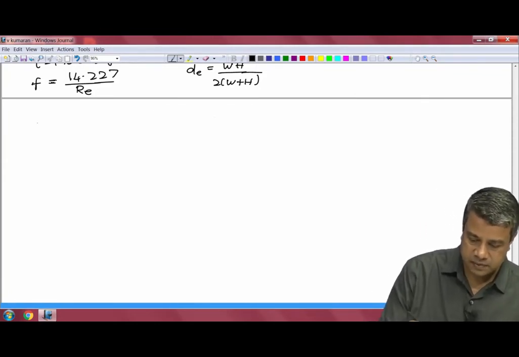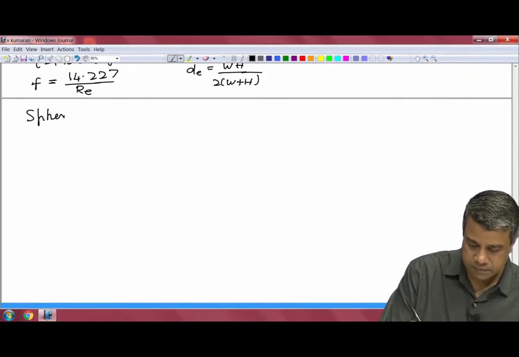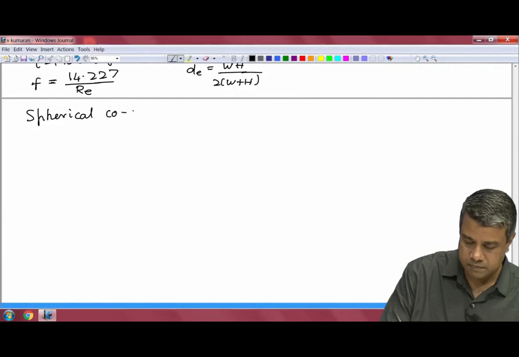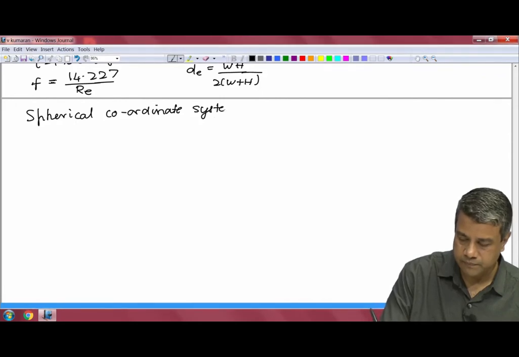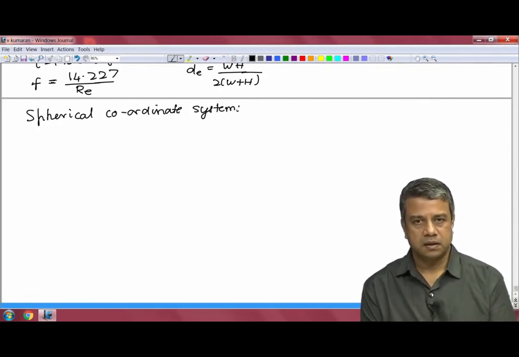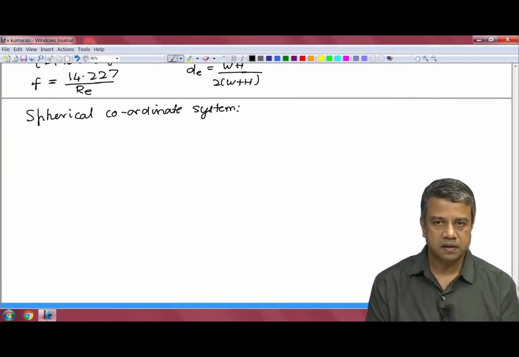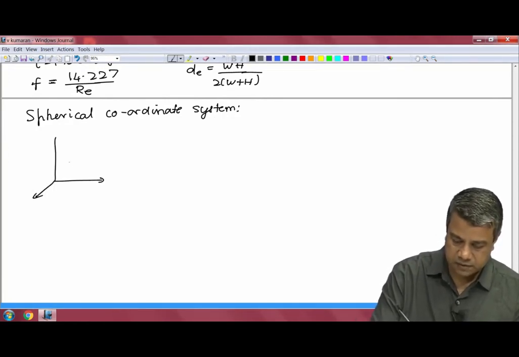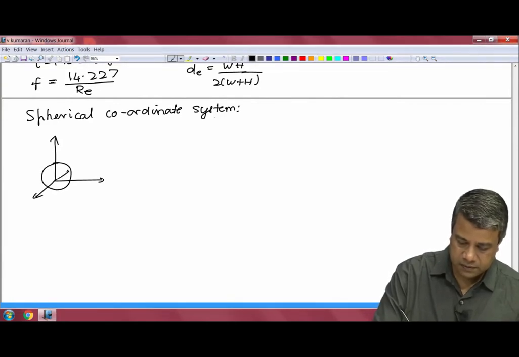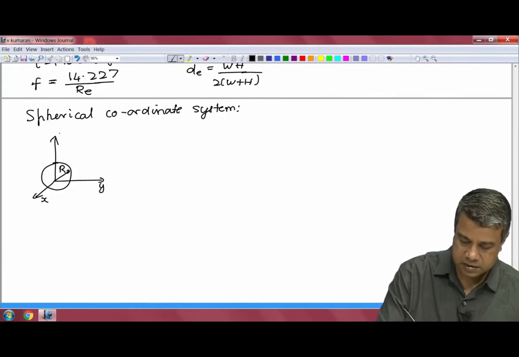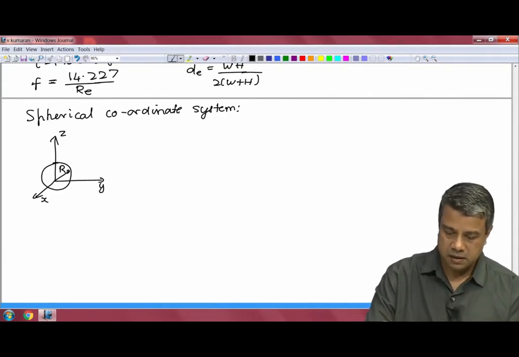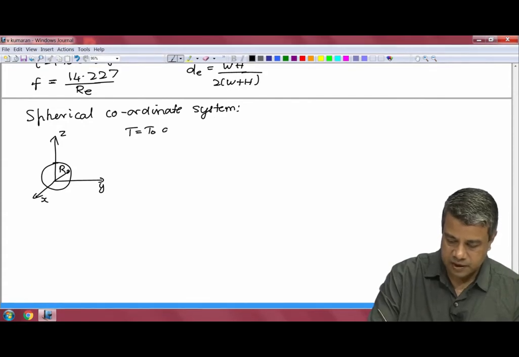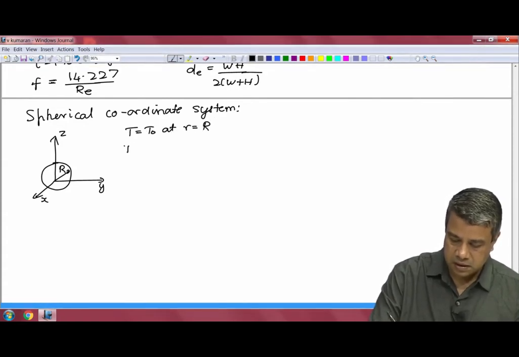Next, I will go to separation of variables in a spherical coordinate system. Recall that we had solved the heat conduction equation for the heat conduction from a sphere of radius R, in 3 dimensions, spherically symmetric, with temperature T equal to T0 at r equal to R and T equal to T infinity as r goes to infinity.